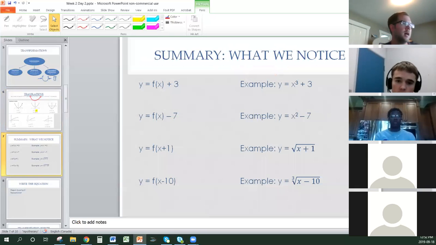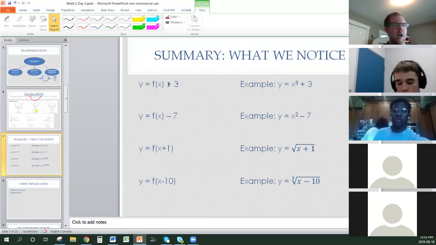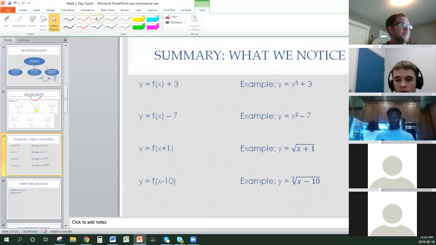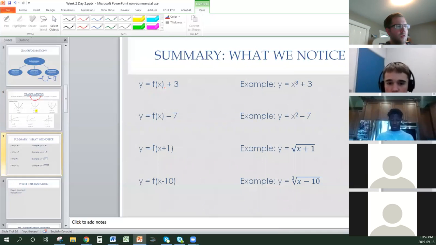Okay, so here is what we're going to summarize. What I would like you to do is write down these notes, because this acts as a summary of what we just observed in the last slide. Toby, when there's a +3 outside of the brackets, what is that telling us?